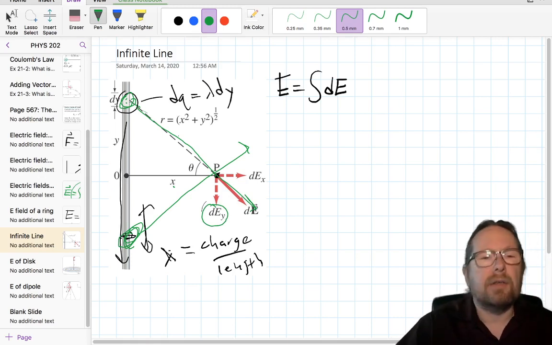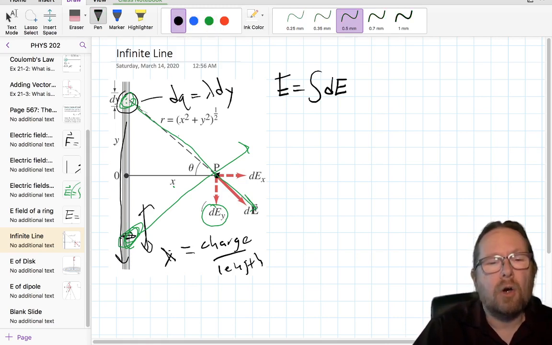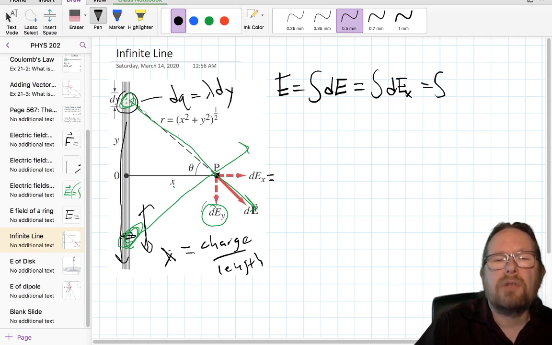So just as in the last example, we should only concern ourselves with the horizontal, the x component of the electric field. So the electric field is just going to be equal to the integral of all the dEx, which is just equal to the integral of dE times cosine theta.